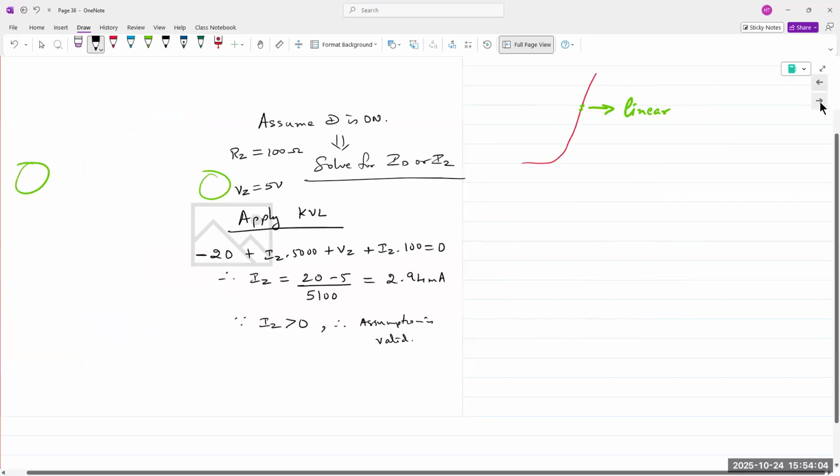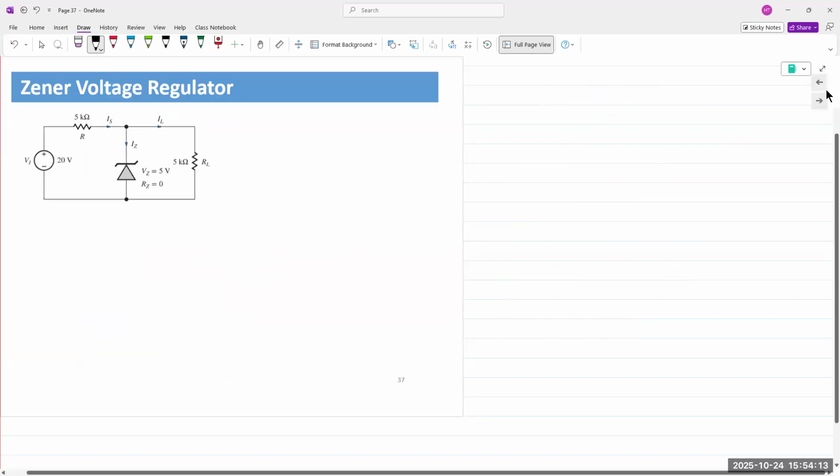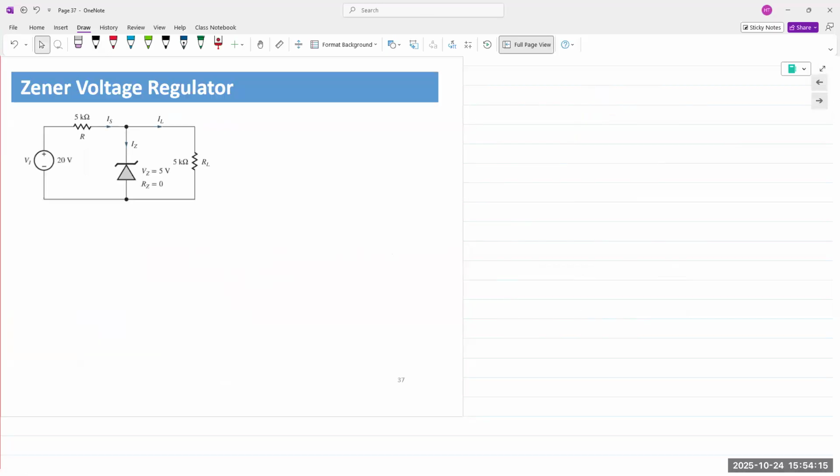Okay, 6 minutes left, so we probably don't have time to go through the entire solution of a regulator, but let me explain the operation of a regulator. Okay, Zener voltage regulator, right? This is one of the most important applications for a Zener diode.